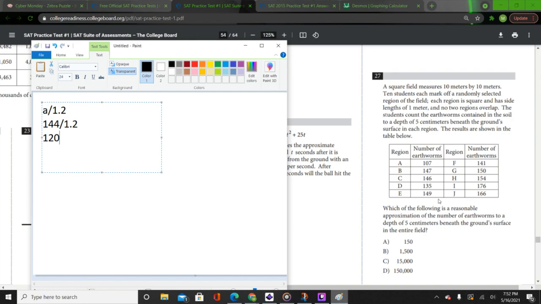All right, so I do apologize. I've been reading the entire top part, and it's completely unnecessary. But yeah, you really should read the last line of a problem. Which of the following is a reasonable approximation of the number of earthworms to a depth of 5 centimeters beneath the ground surface in the entire field?